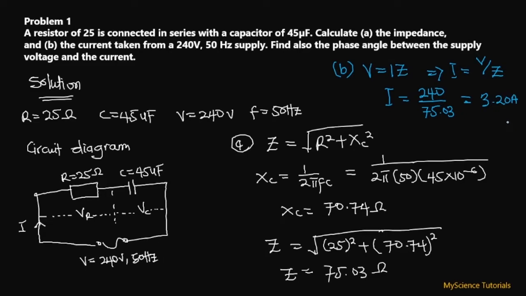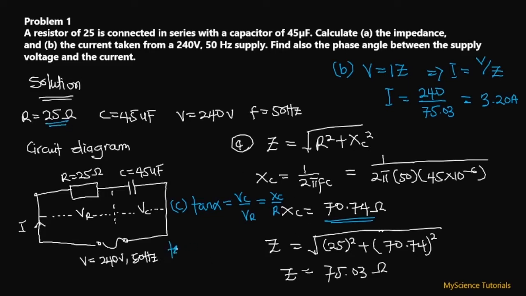Now, we've also been tasked to find the phase angle between the voltage and the current. So that is easy. Let me use that as C. So we said that tan of the phase angle will be equal to VC over VR, or it's also equal to XC over R. Now, we've not been given VC or VR. Even though we can find them, let's not do that. We can just use XC, the capacitive reactance, which is what we found, and the resistance of the resistor, which is given to us as 25.